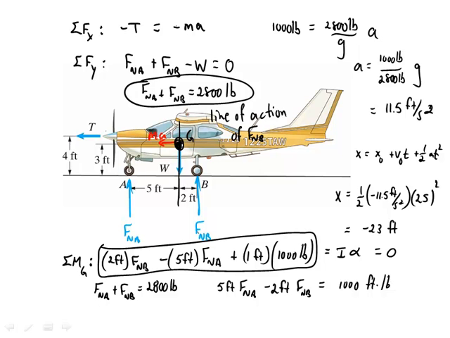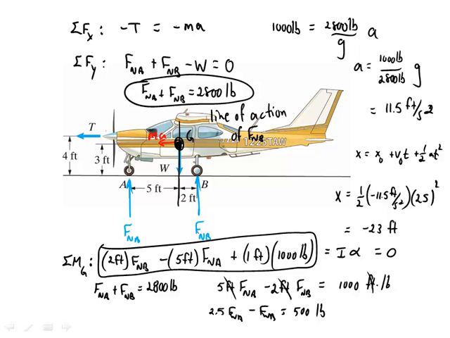Now be careful of the units. 1,000 foot-pounds is a moment unit, and pound-feet we used earlier for energy. But if I divide both sides of this equation by 2 feet, then I'm going to get 2.5 FNA minus FNB, and that's going to equal 500 pounds, because the feet units will cancel out on both sides.